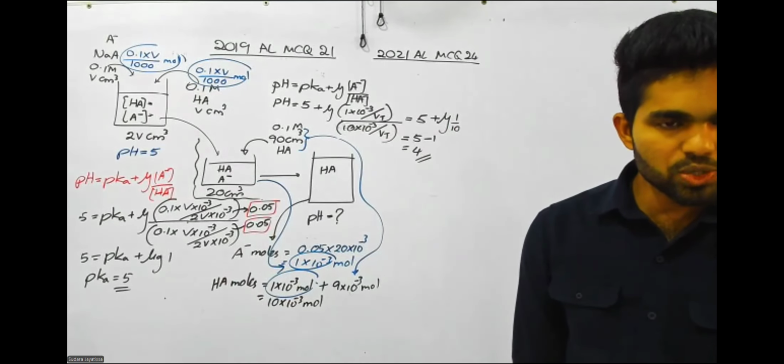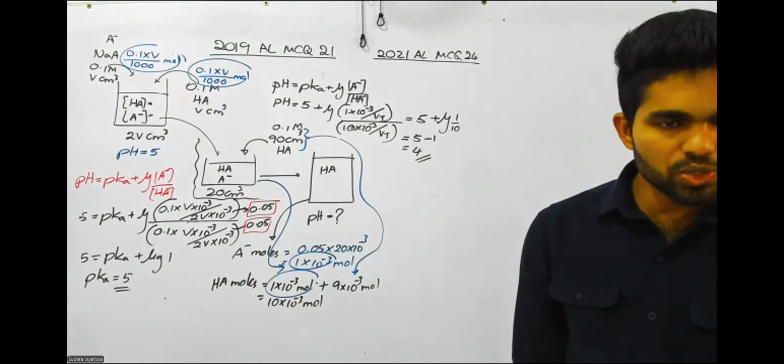Before that, in the A-level exam you can eliminate some answers. Now look at this one. Given the values, you know definitely pH 5 will not come. Since you are adding 90 centimeter cube of acid, the pH value should be lower than 5.